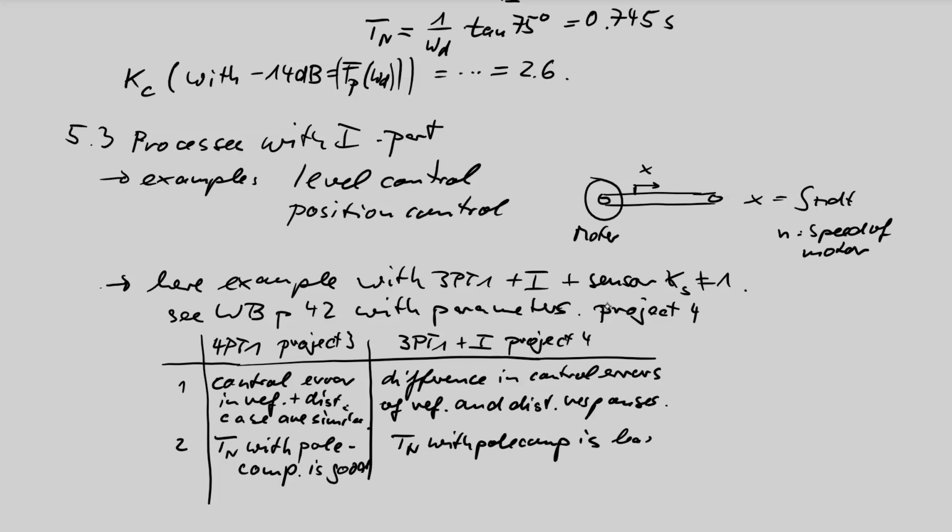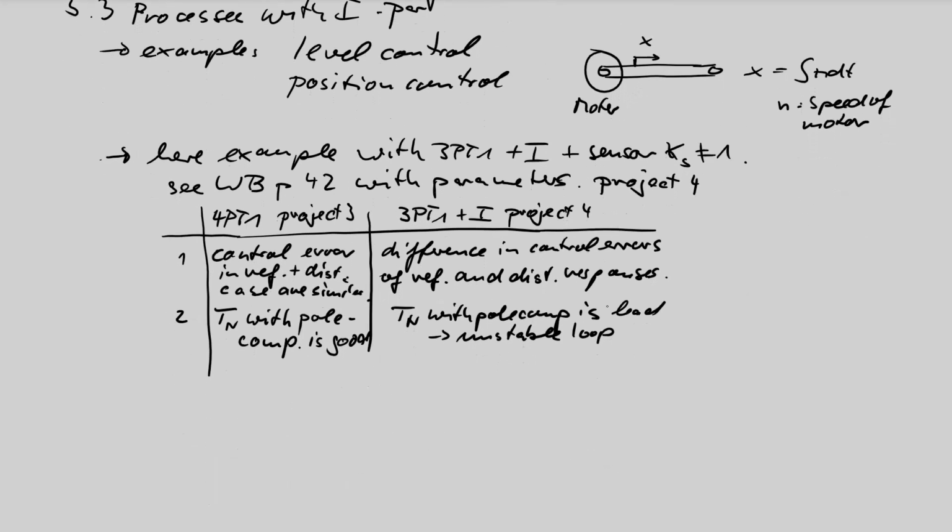It's bad because we have then an unstable loop. What is good in this case is absolutely forbidden in this case. So we have to be careful. Check, is there an integrator or not?